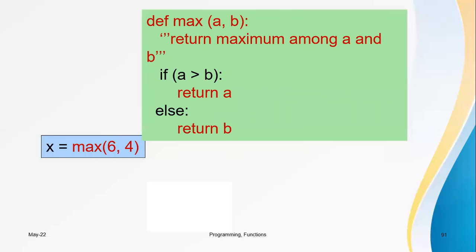I will give you all the explanations. Forget about the first two lines, the definition max, A, B, and understand the concept. If A is greater than B, print A, else print B. This is how my if else statement will work.